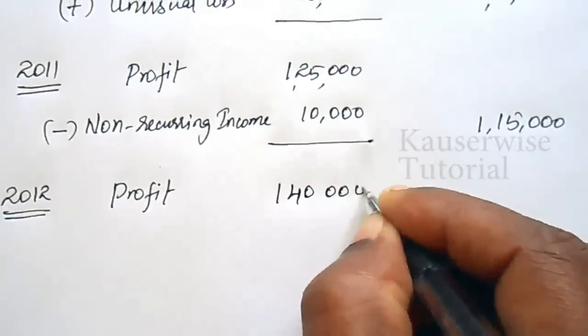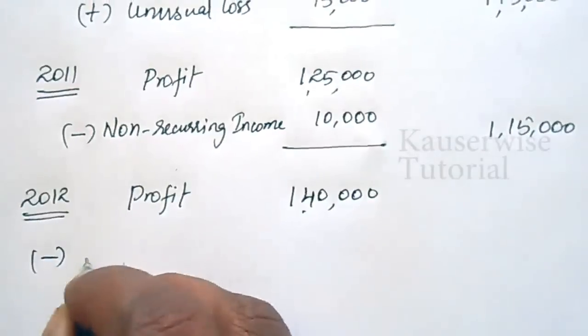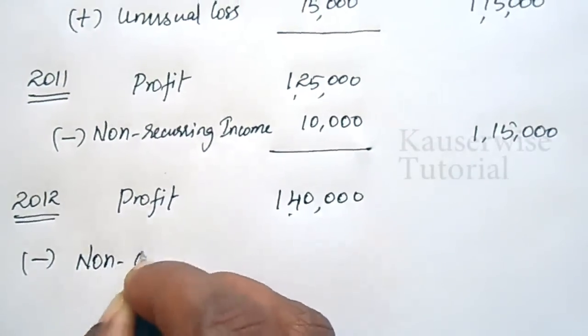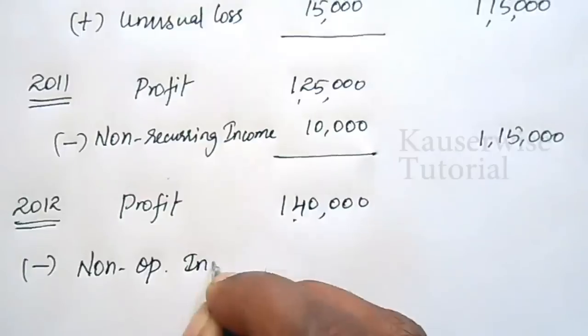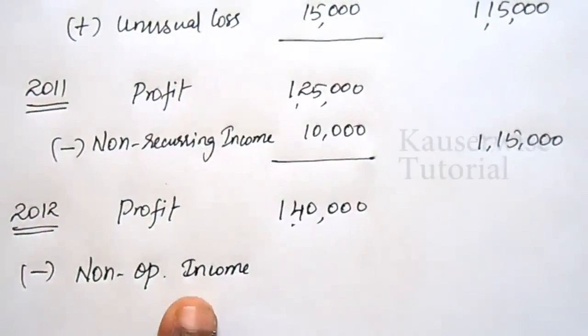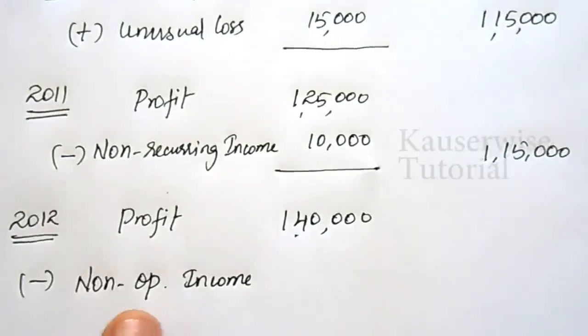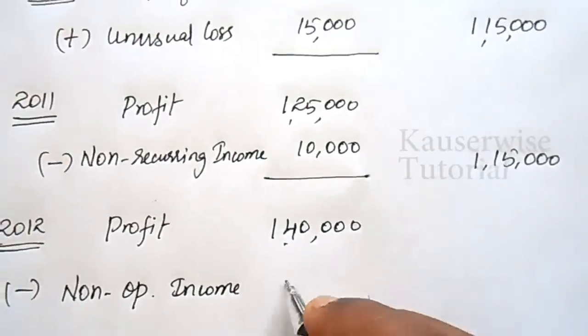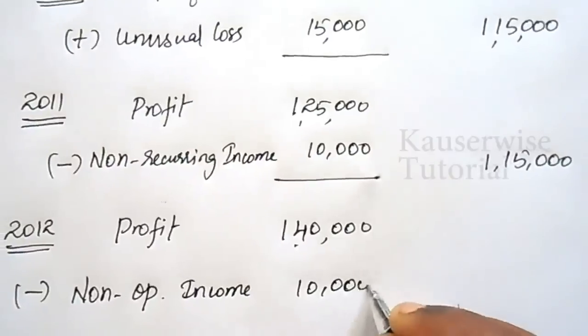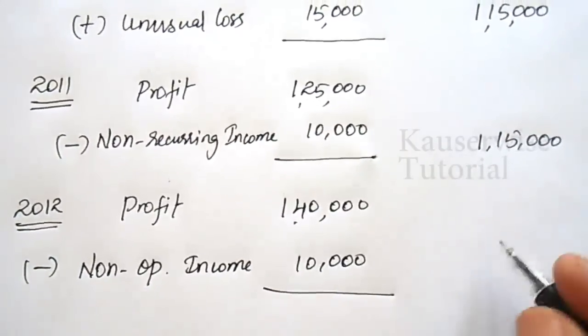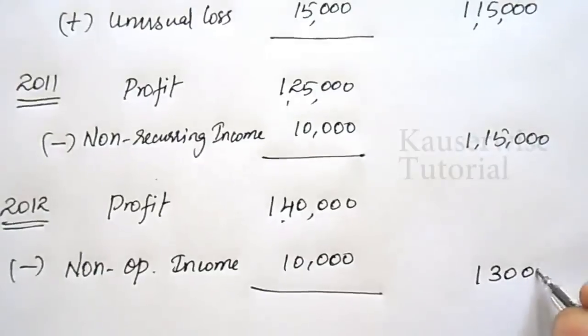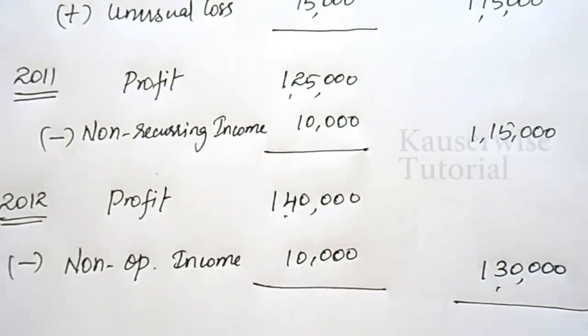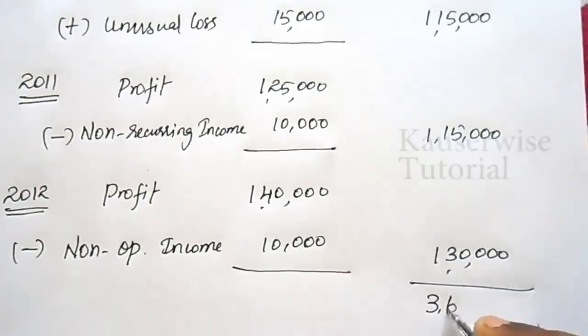1,40,000 profit minus non-operating income. That is any income from outside is called non-operating, which is not from the business. So how much? 10,000. Balance 1,30,000. Now get the total income for 3 years. 3,60,000.